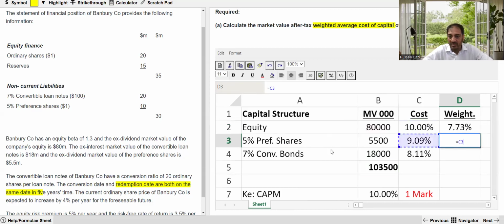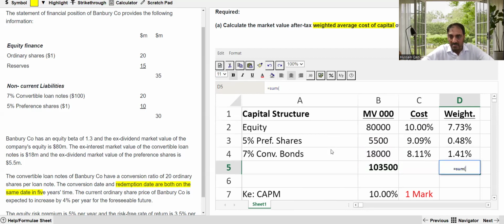Once again, 9.095% is the cost of preference share capital, divided by 103,500, with weightage 5,500. And 8.1% divided by 103,500 multiplied by 18,000.